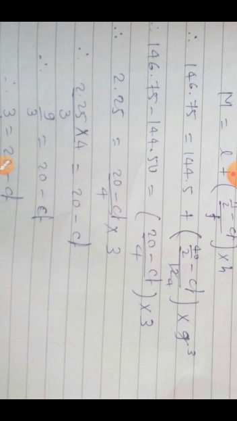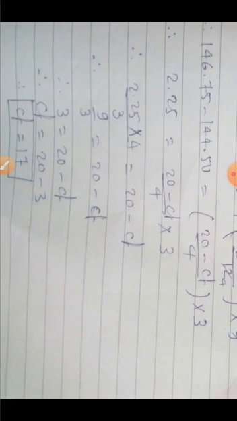Now no need to make a bracket. So 2.25 into 4 is 9. I think you again know how to multiply decimal numbers. First of all, you neglect the decimals. You just consider 225 into 4, not 2.25 into 4.